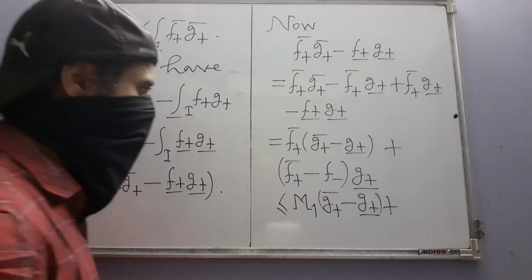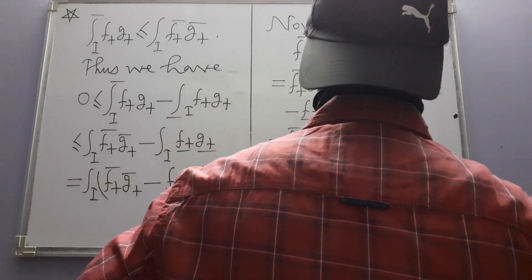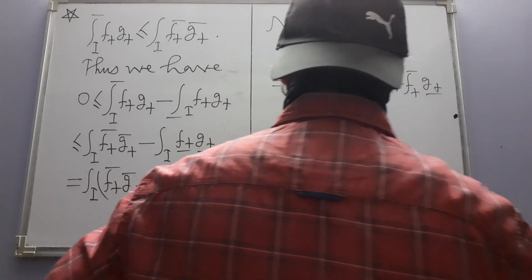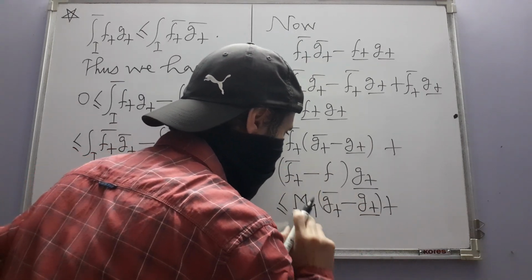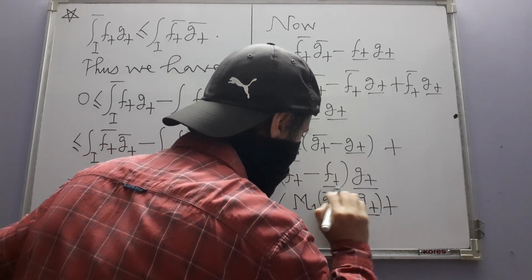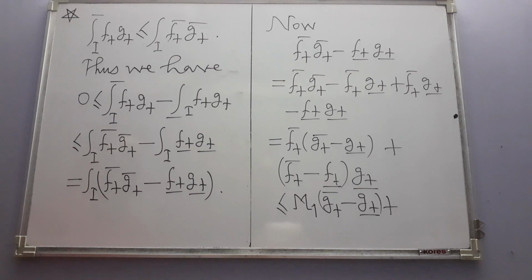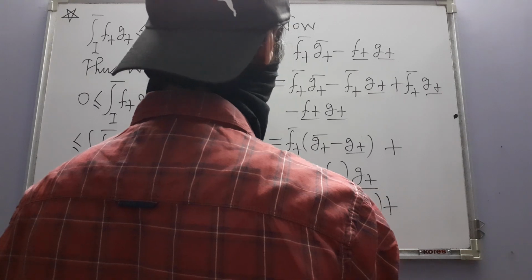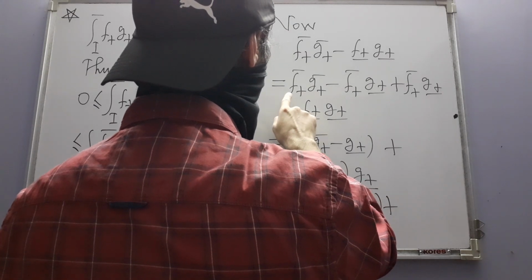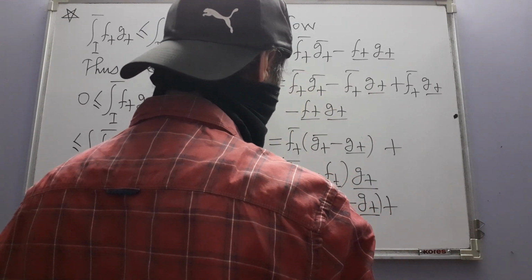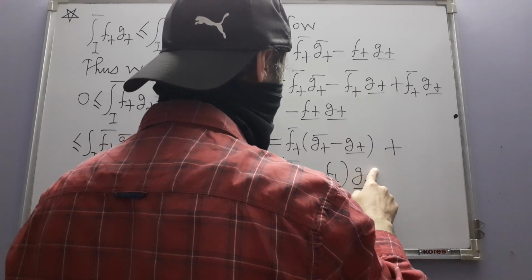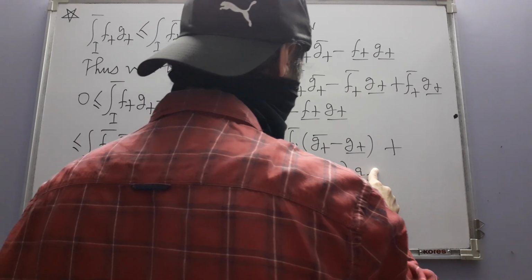hold on, have I made a mistake? See, here I wrote minus. Yeah, something was amiss. But let me just see if I am really getting something wrong. F plus bar is less than or equal to m1 and g plus underscore is less than or equal to m2.